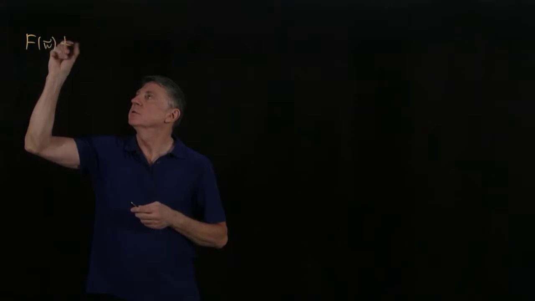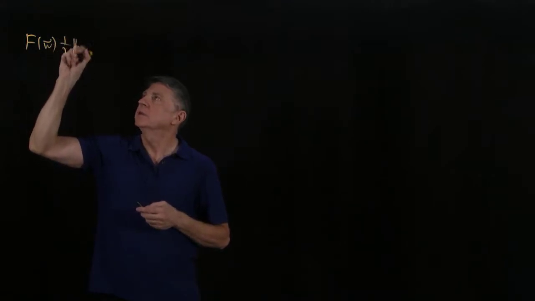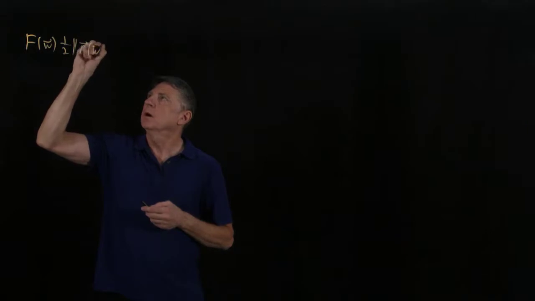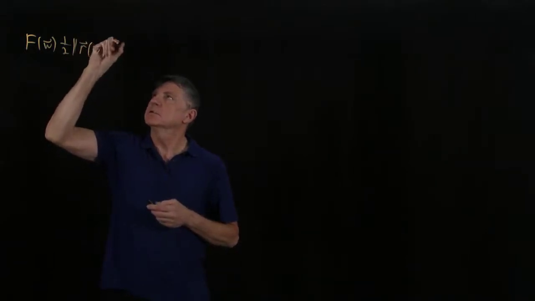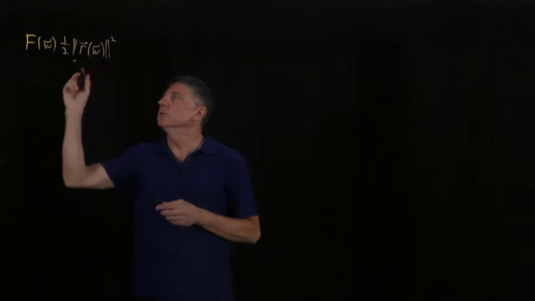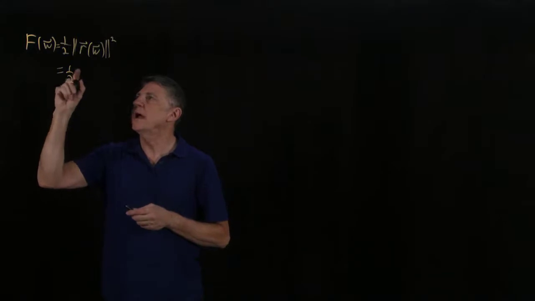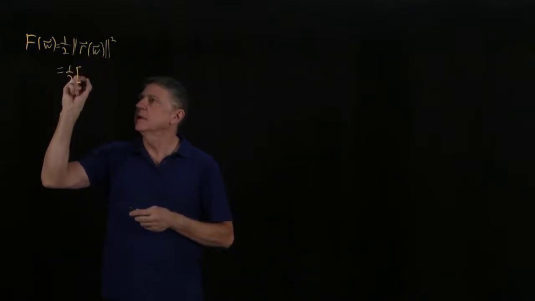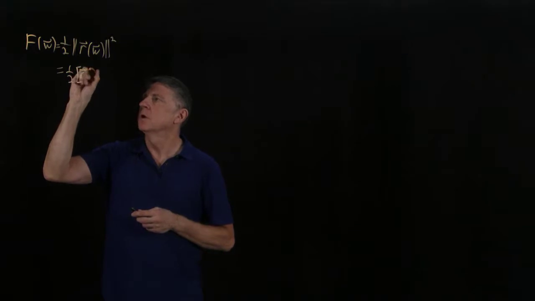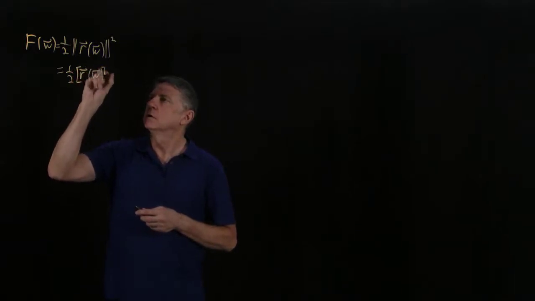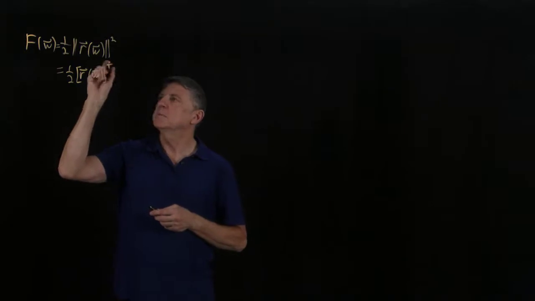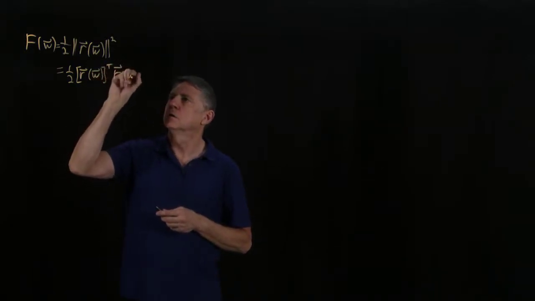Now, let's see what a steepest descent would look like. Let's write our objective as 1/2 the norm of the square of the residuals. And we could write that as 1/2 R(w) transpose times R(w).